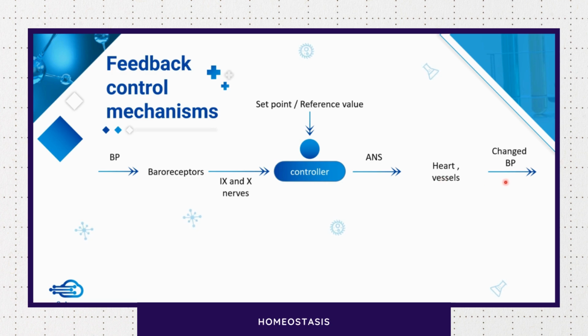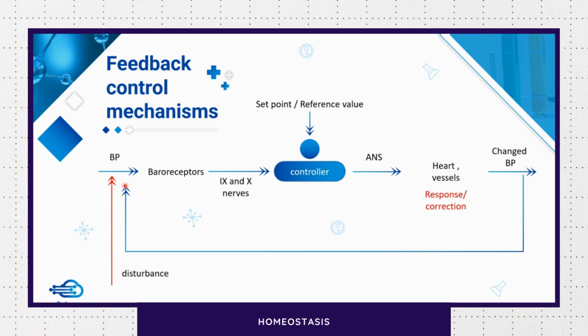Whatever change in blood pressure has occurred, again the current value of this blood pressure is fed back as input into the sensors, that is the baroreceptors. Plus there may be external disturbance. The external disturbance may be, suppose, a change in posture. If somebody is standing from a lying down position, that will also cause a change in blood pressure.